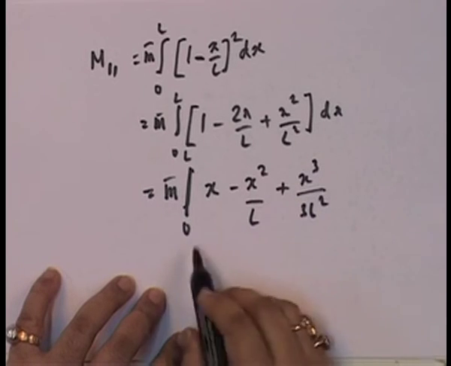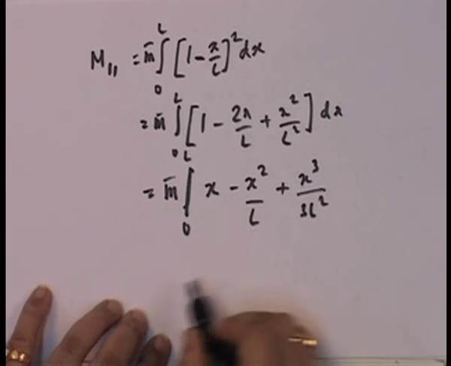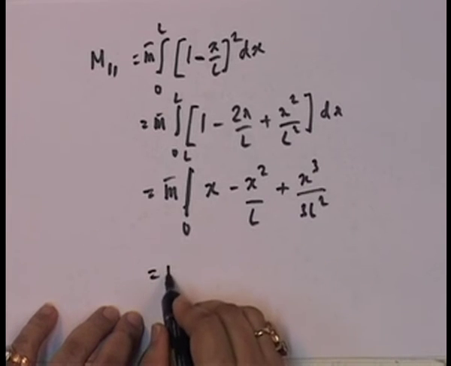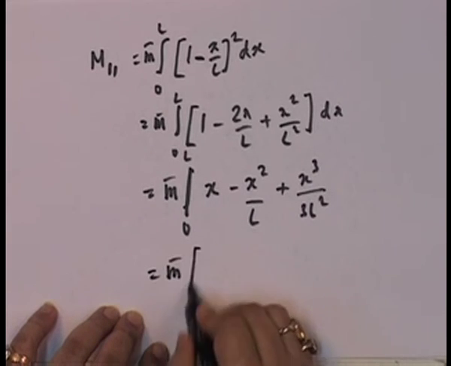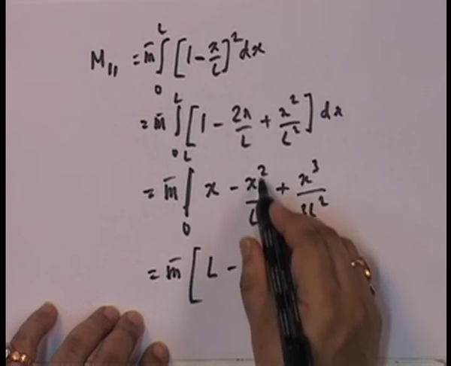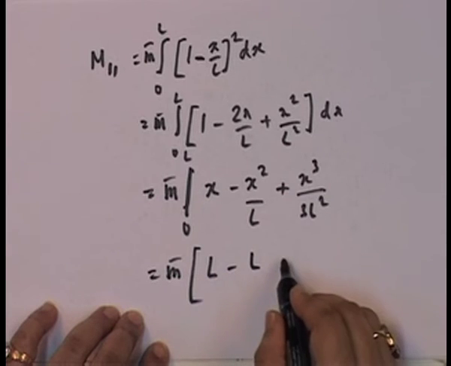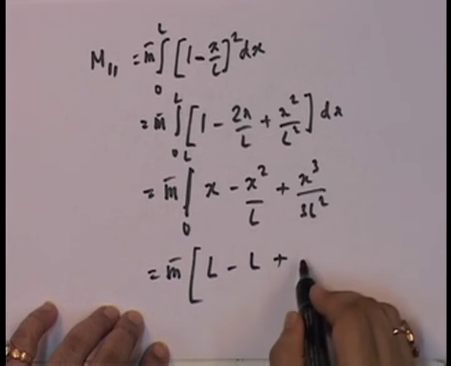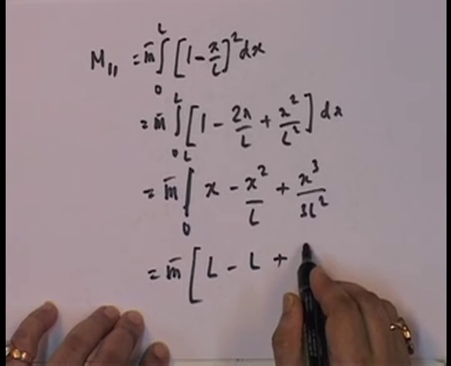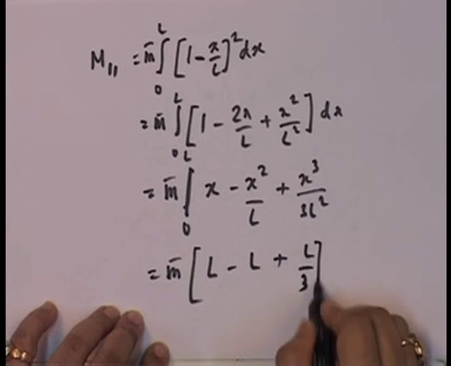Evaluating from 0 to L, all of them vanish at 0, and the other limit has L. So, this becomes m bar times L minus L, and here I get L cubed upon 3L squared, so this becomes L upon 3.